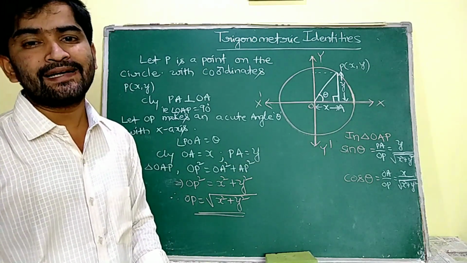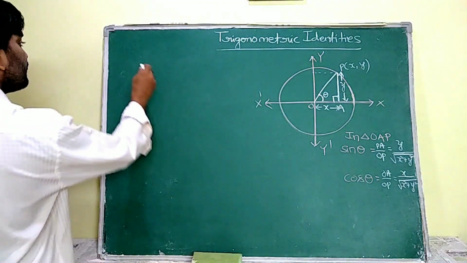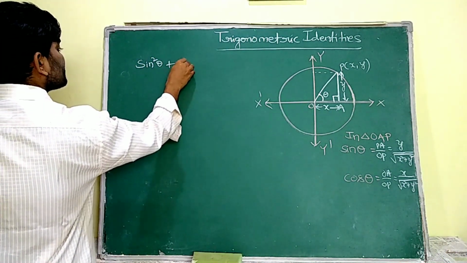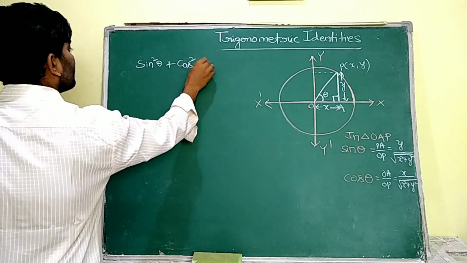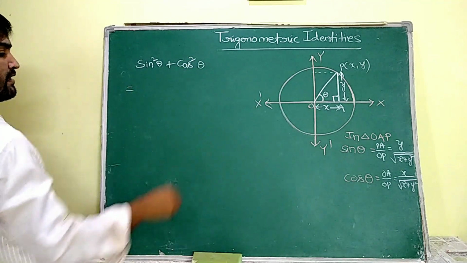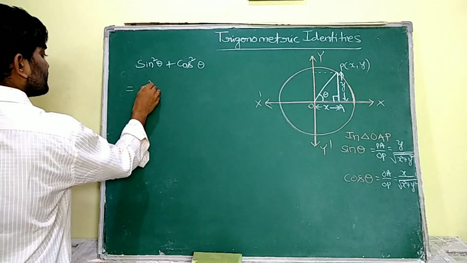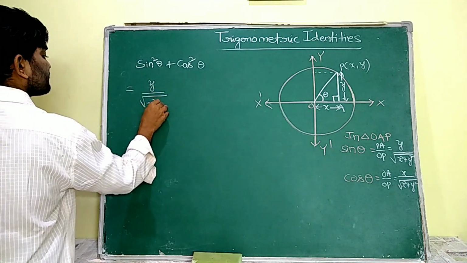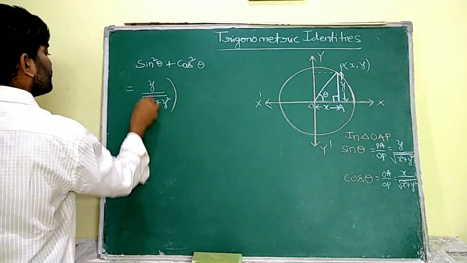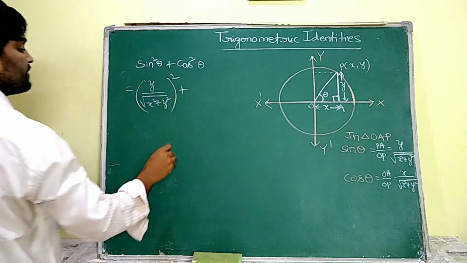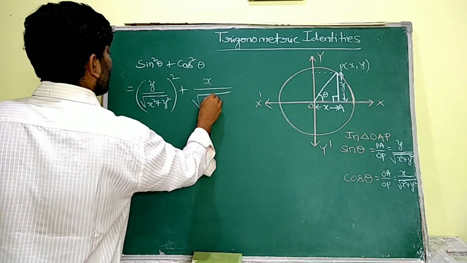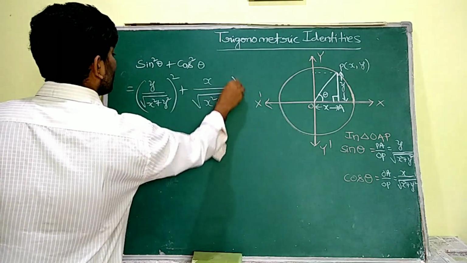Now we are going to discuss the identities. I am going to find sin square theta plus cos square theta. Tell me, what is sin square theta? Sin square theta means y by root over x square plus y square, whole square, plus cos square theta means x by root over x square plus y square, whole square.